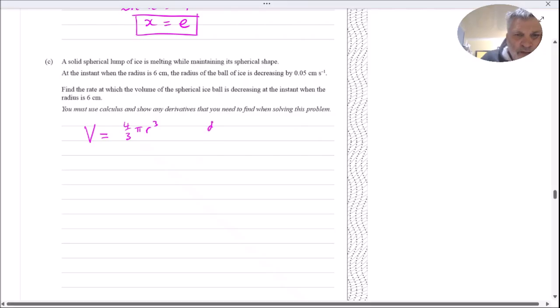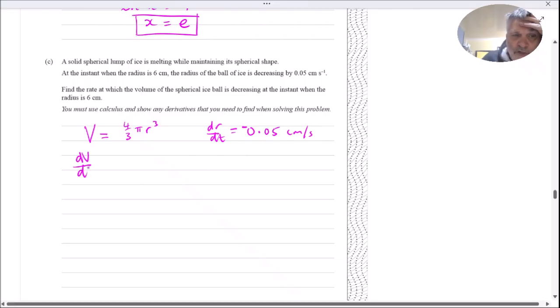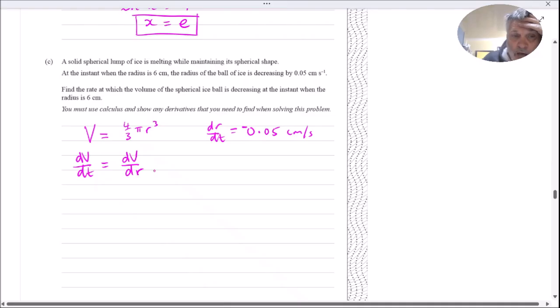We know something about dr/dt. That is negative 0.05. It's decreasing, centimeters per second. The question says find the rate at which the volume of the sphere of ice is changing. So we want to find this. dV/dt is going to be dV/dr multiplied by dr/dt.